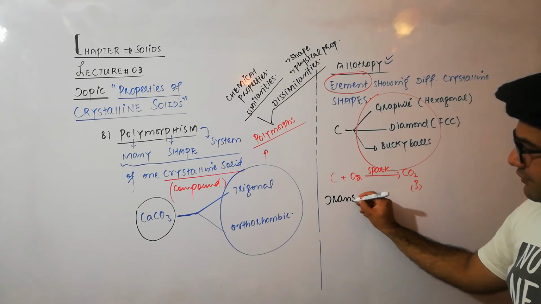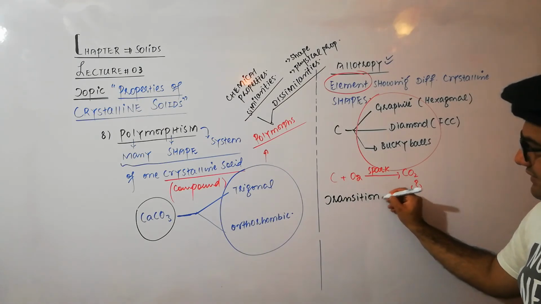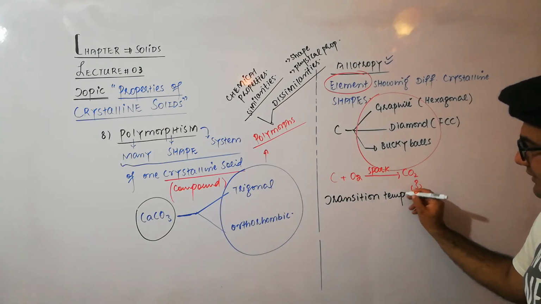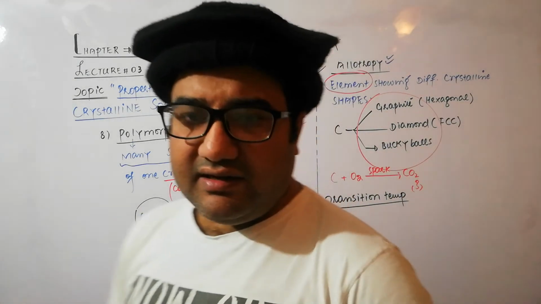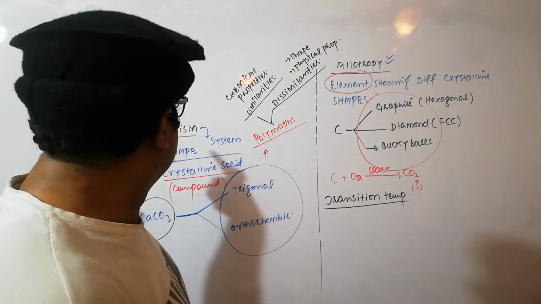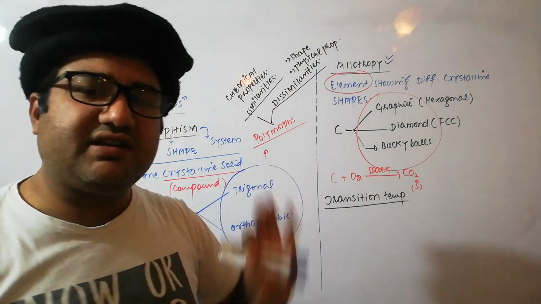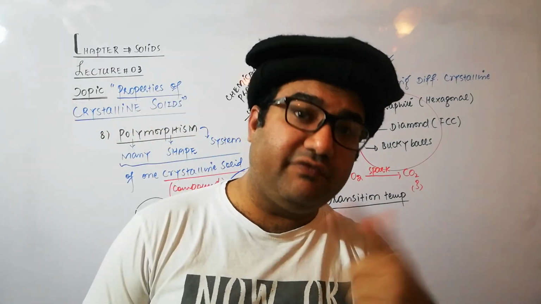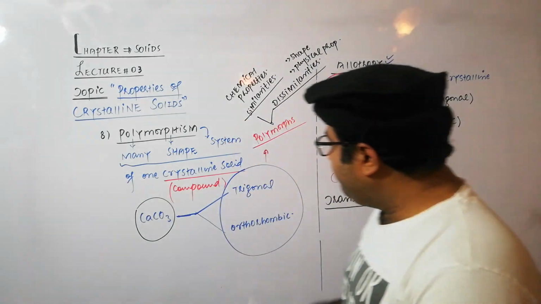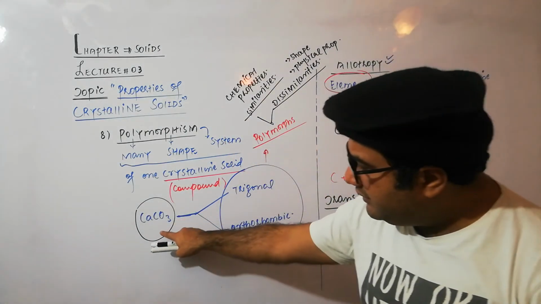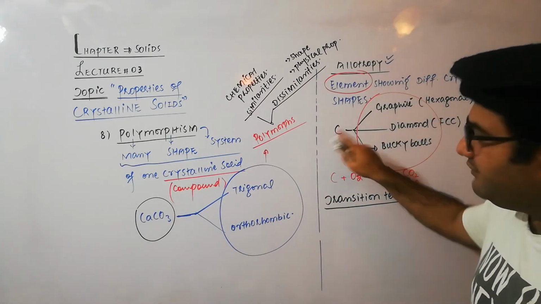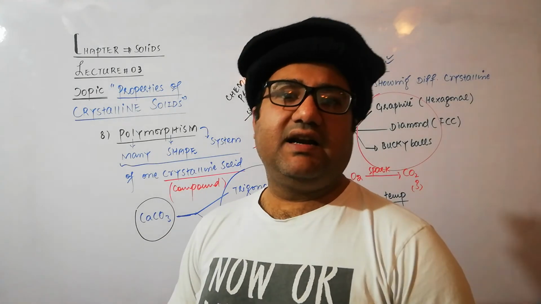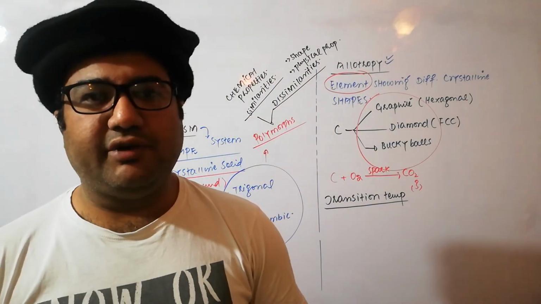Now because of these two terms, polymorphism and allotropy, a third term arises, and that is the last property of the crystalline solid. It is transition temperature. Transition temperature is a term which exists because of these two, polymorphism and allotropy, because transition temperature is the temperature at which two different polymorphic forms of a compound or different allotropic forms of an element coexist at the state of dynamic equilibrium.